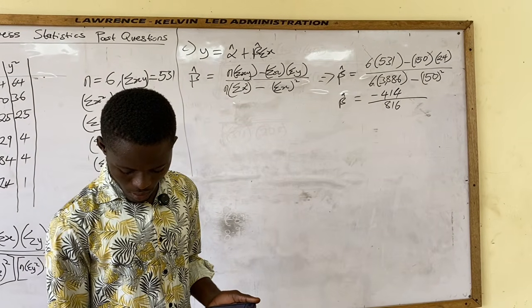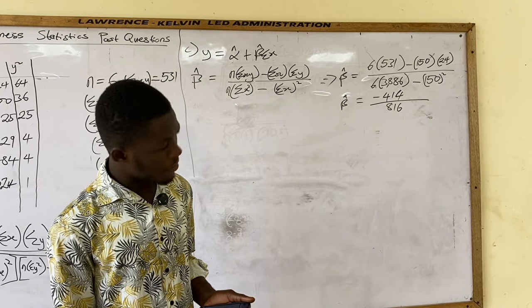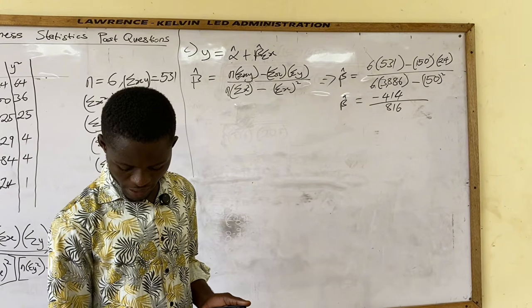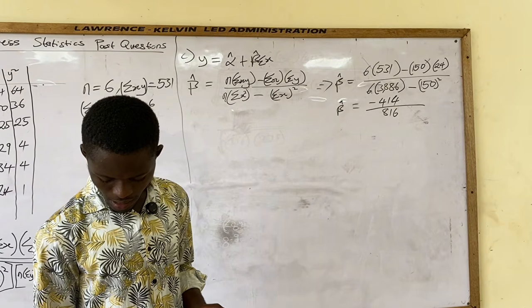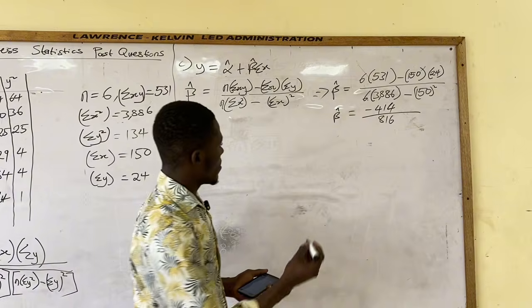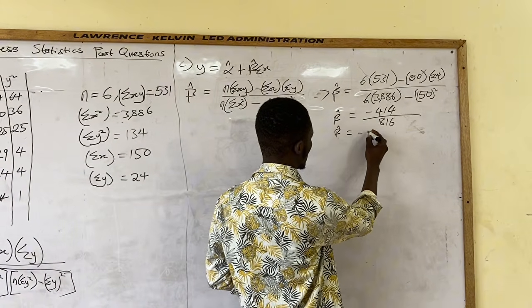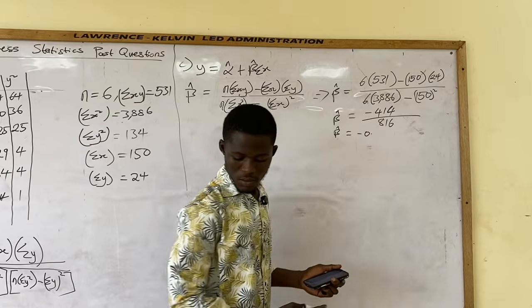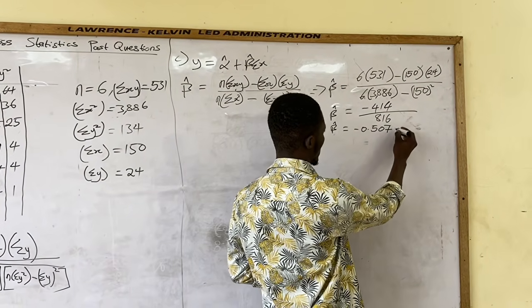So negative 414 all divided by 816. Our final answer is beta hat equals negative 0.507.